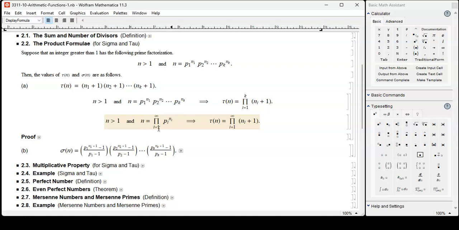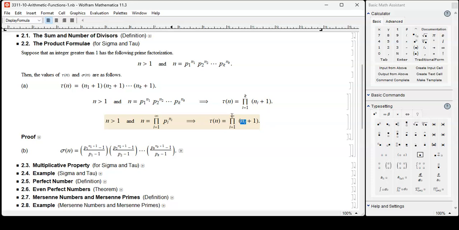There are infinitely many primes like that, so except for finitely many exceptions, all the n_i should be 0, so that we have a bunch of 1s multiplied. Otherwise, you're going to get infinity there. So except for finitely many exceptions, all the n_i's are 0, which means these are a bunch of 1s, and also that's 0, so these are a bunch of 1s as well. So either way, they all make sense.